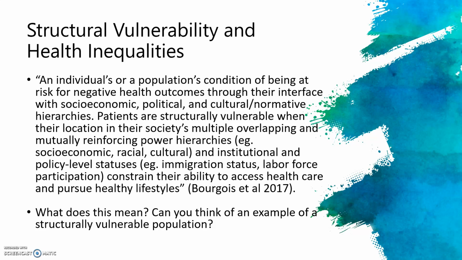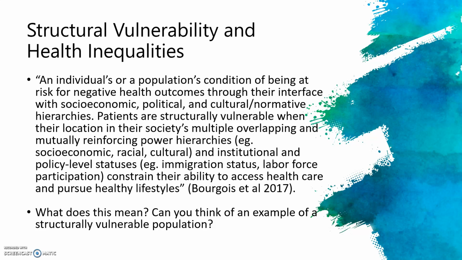And then he says patients are structurally vulnerable when their location in their society's multiple overlapping and mutually reinforcing hierarchies, and by this he could have just said intersectional identities, which is probably more familiar to you all, and institutional and policy level statuses like immigration status or labor force participation constrain their ability to access healthcare and pursue healthy lifestyles.